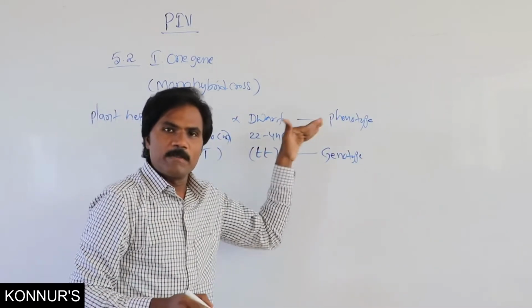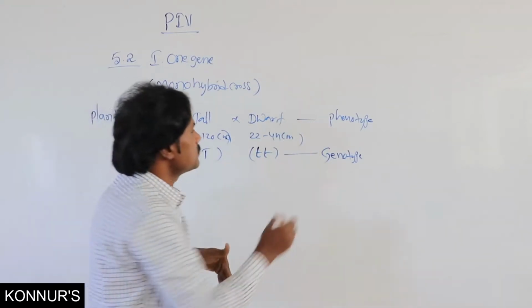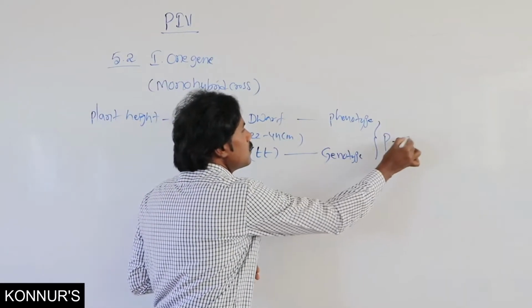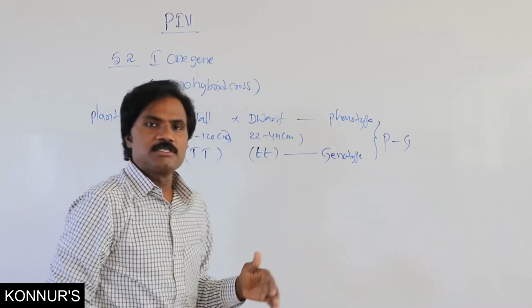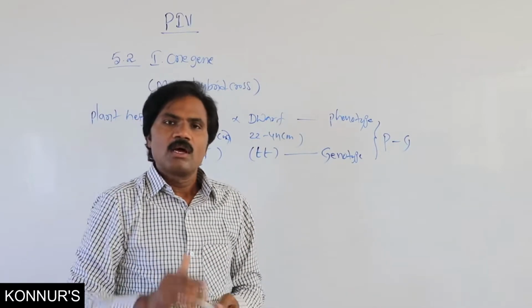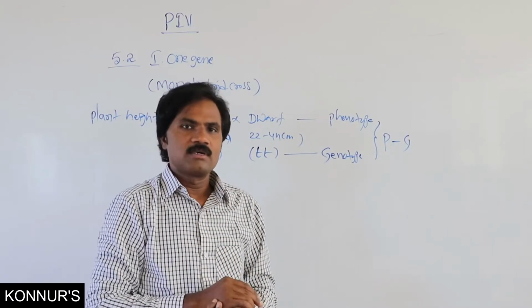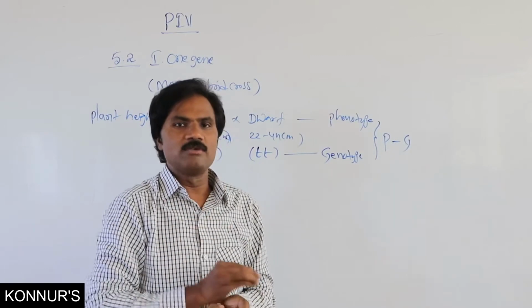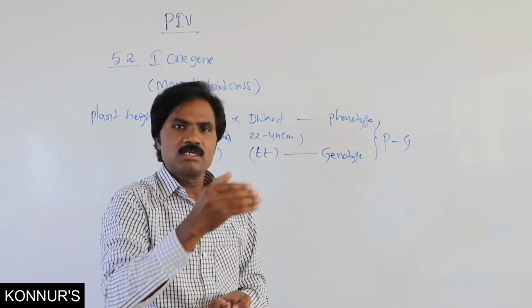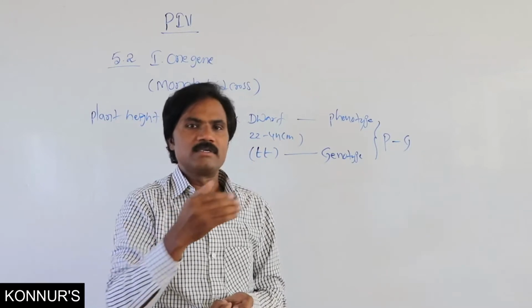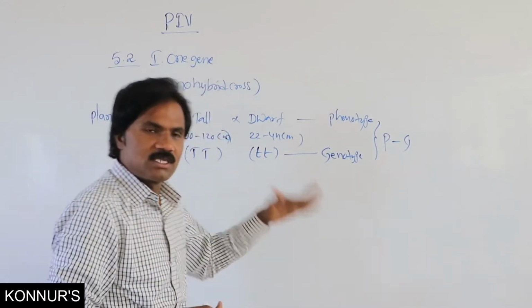These particular parents are the P generation. In this P generation, according to Mendel's law of segregation, that means through meiotic cell division, the gametes are purely segregated.